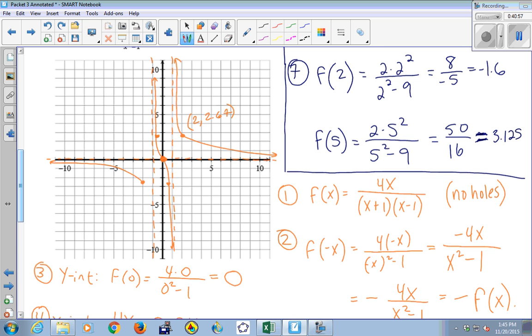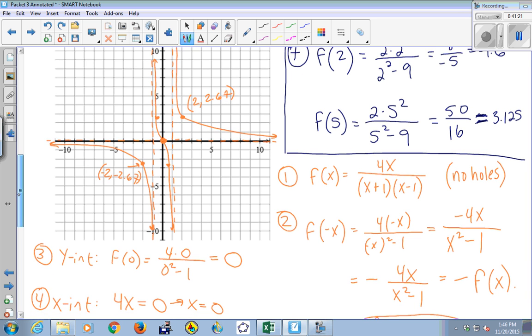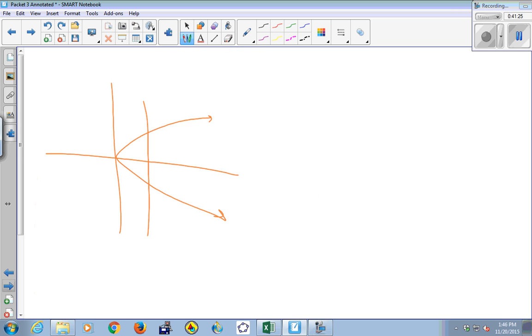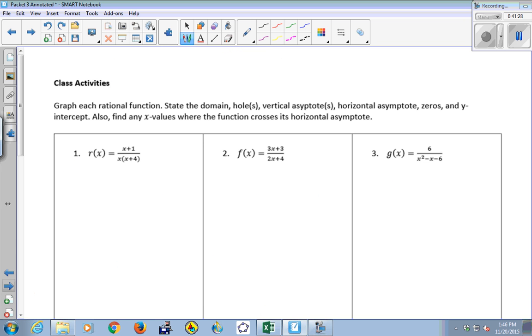Up towards the horizontal, down towards the vertical asymptote. All right. That's it. There were 2 examples, and now you have some practice with graphing.